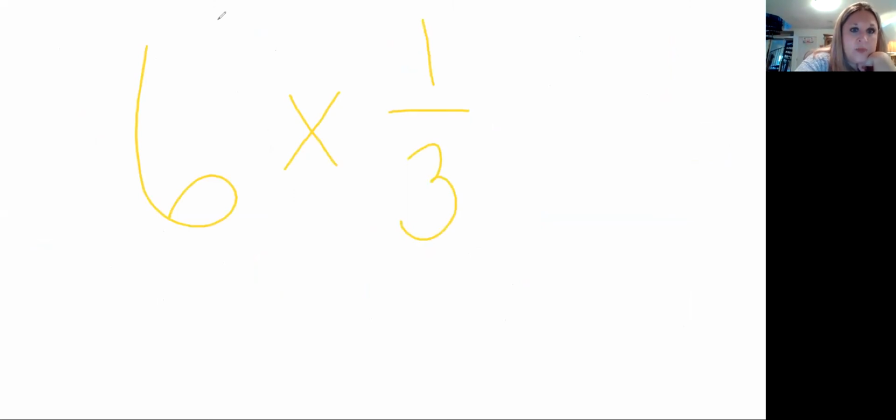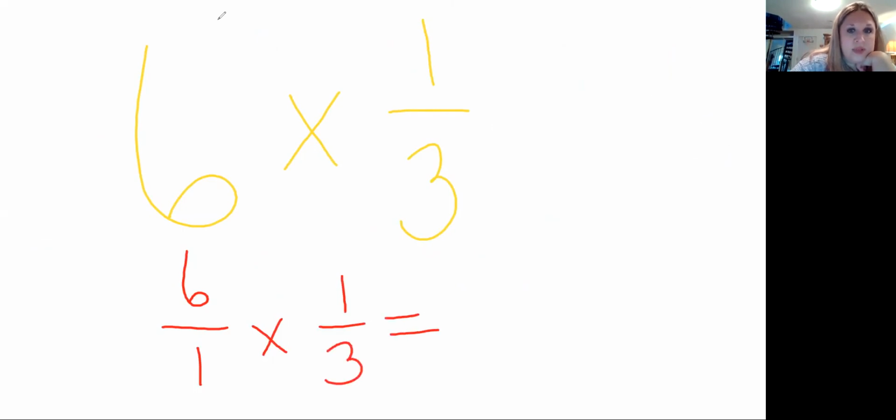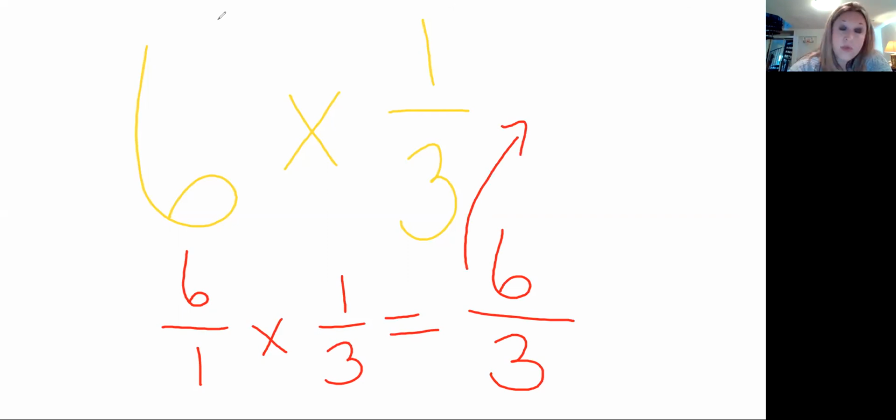Let's take our whole number and put it over the number 1, times 1/3. Multiply straight across. 6 times 1 equals 6. 1 times 3 equals 3. Uh-oh, I think it's going to work. Now that's an improper fraction, so I must change it to a mixed number or a whole number if it works. 3 goes into 6 2 times.